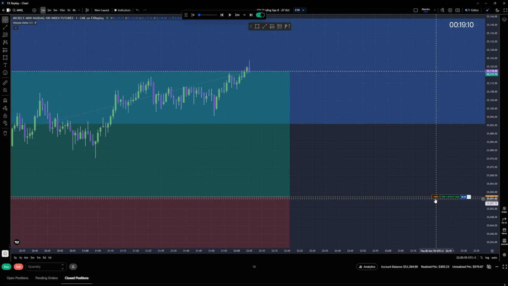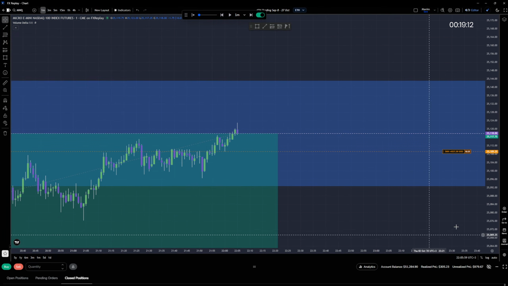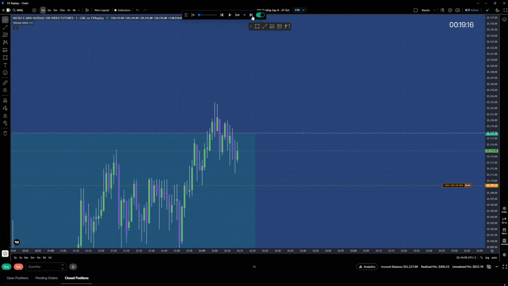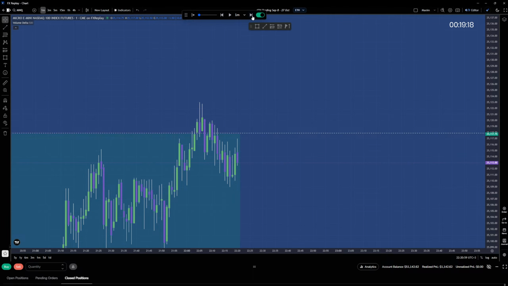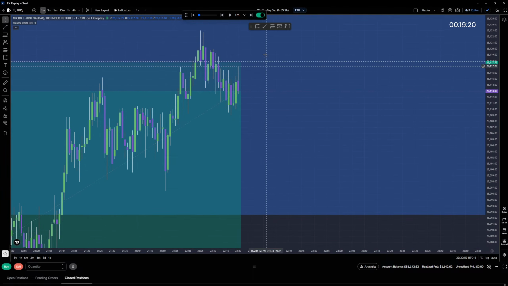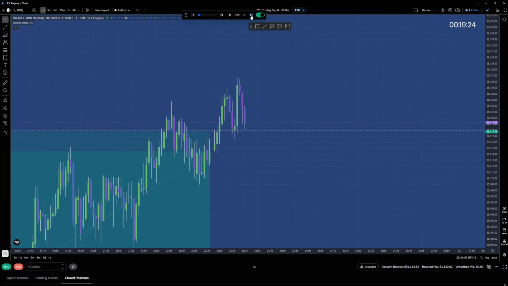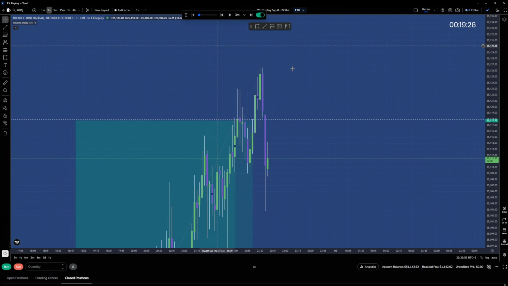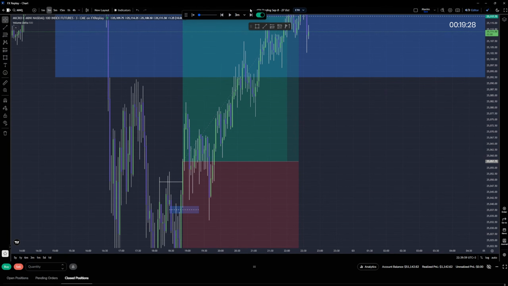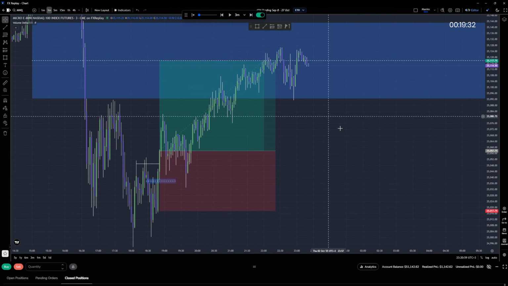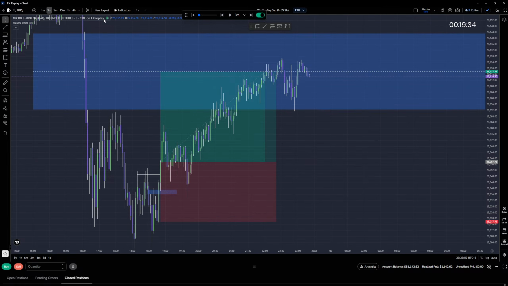I'll go put my stop loss on. And got me out. And immediately like went higher, but it looks like it is the top of the range. Yeah, price didn't go much higher. So that's a good trade in my book.